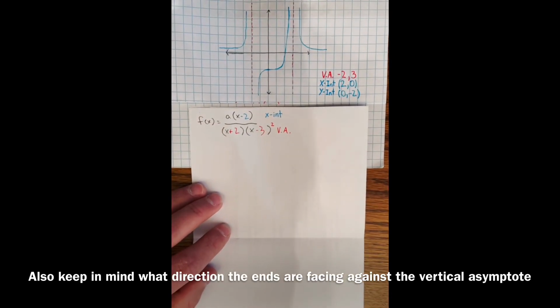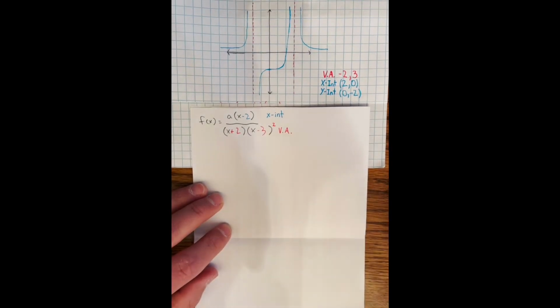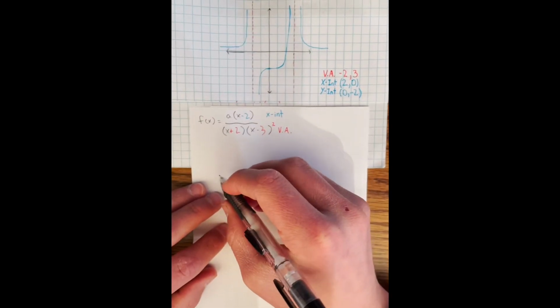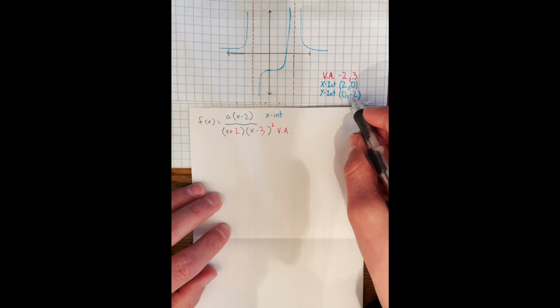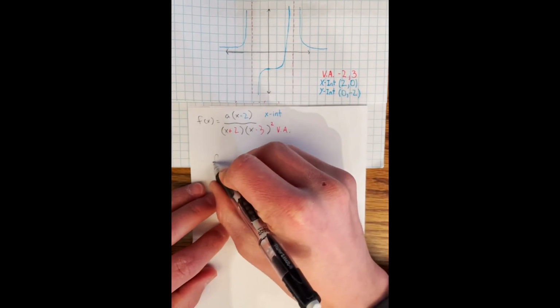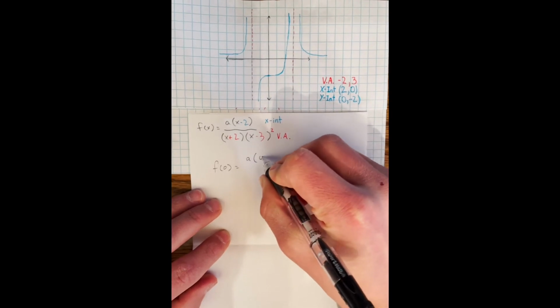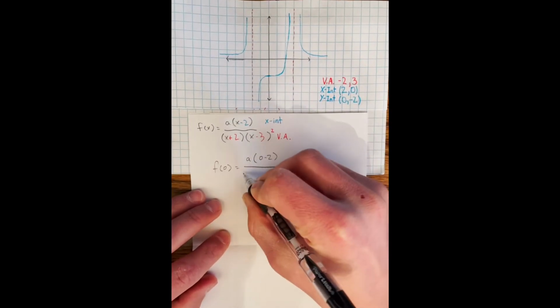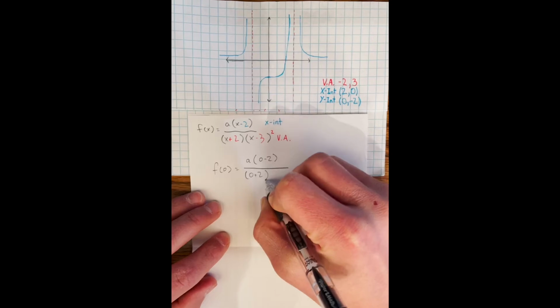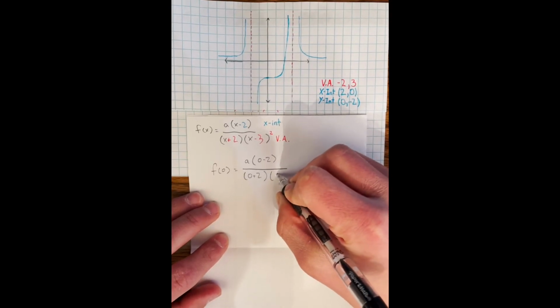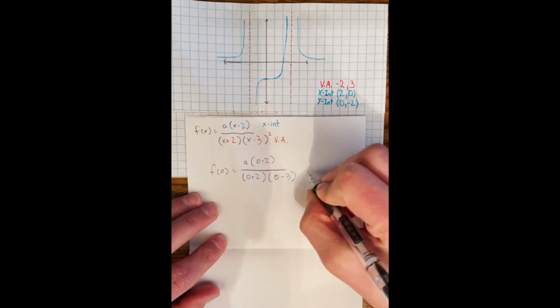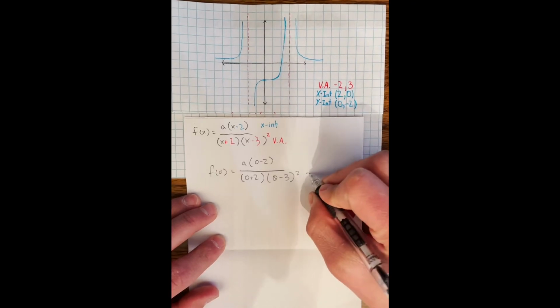Now you would set your x's equal to 0 and your equation equal to your y-intercept, which is -2. So f of 0 equals a times (0 minus 2) over (0 plus 2) times (0 minus 3) squared, equals -2.